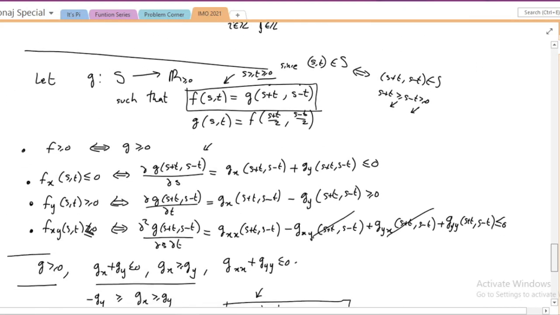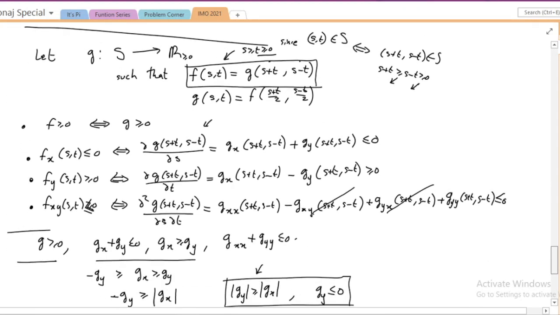Just a moment. Oh, I think I made a mistake somewhere. It felt wrong. When we're differentiating this with respect to y, this should be minus as well.